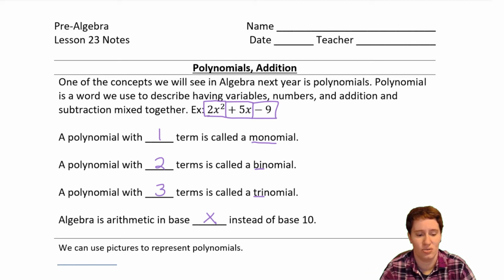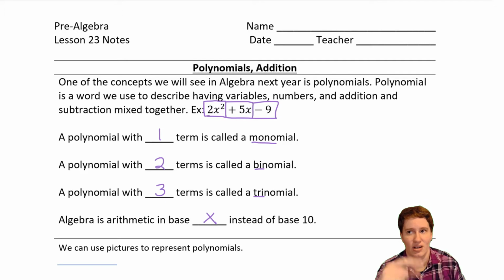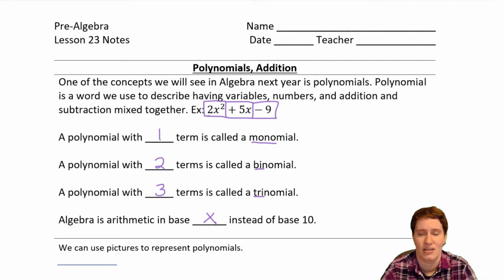When you count 1, 2, 3, 4, 5, 6, 7, 8, 9, and then you don't have another number, you carry and make it 10. So we're a base 10 society, and every time we get 10 of something, we add a new place value. Saying that algebra is us doing this but with base x helps us think about this.